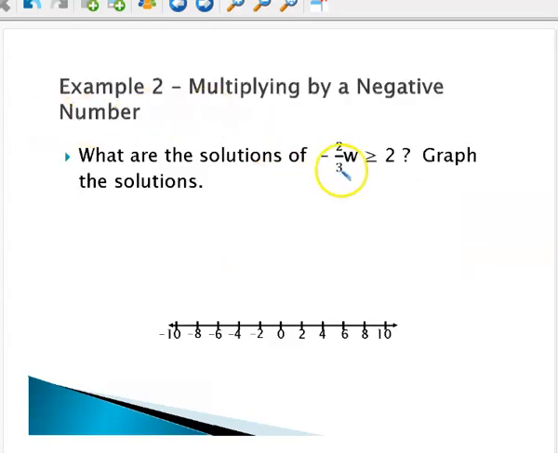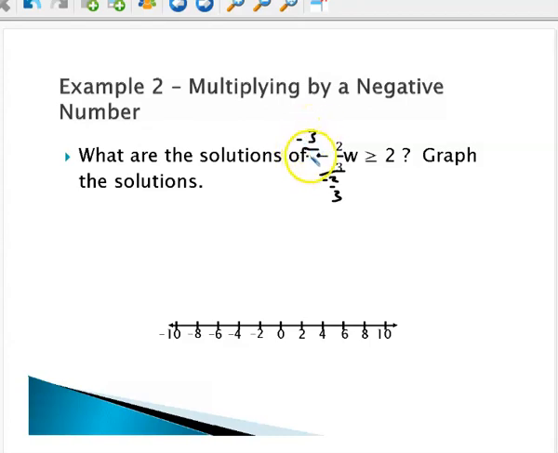So we want to know what are the solutions of this inequality here, negative 2/3 times w greater than or equal to 2. So when I solve this, like we've done before, I would really want to divide this by negative 2/3. But I know that dividing by a fraction is actually the same as multiplying by its reciprocal.